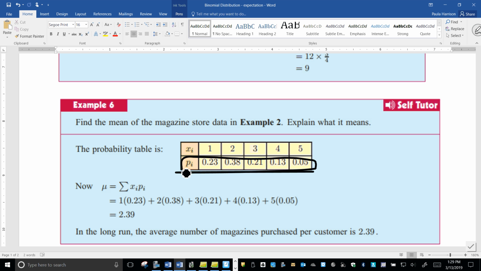So we would expect 2.39 to be the number of magazines that people would buy. And it's the same as it would be with the mean. Okay? Yeah? So we just multiply these together. And that actually gives you the value of the mean, which is the same as our expectation, or our expected value.